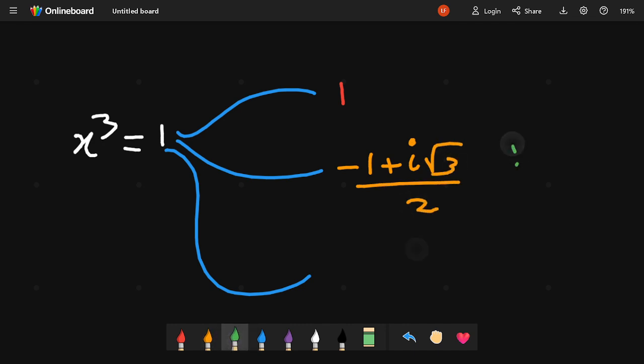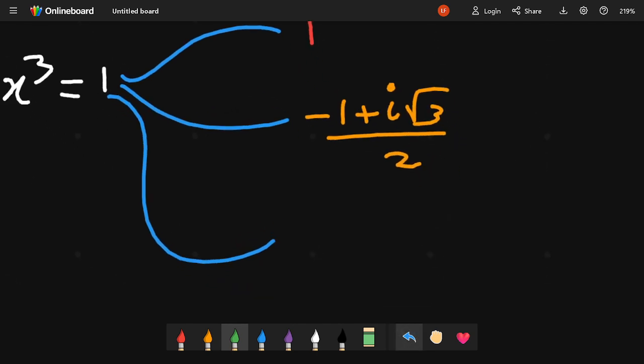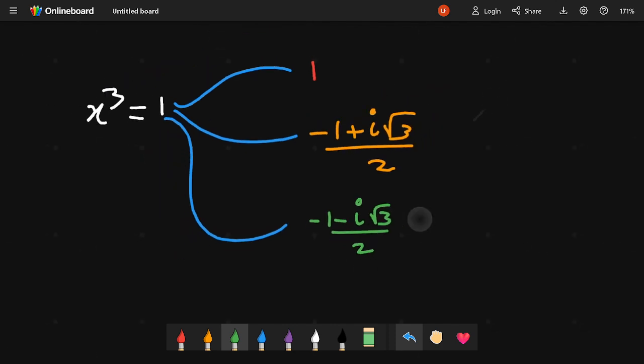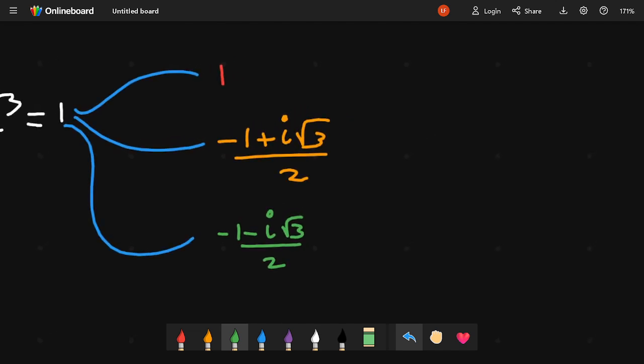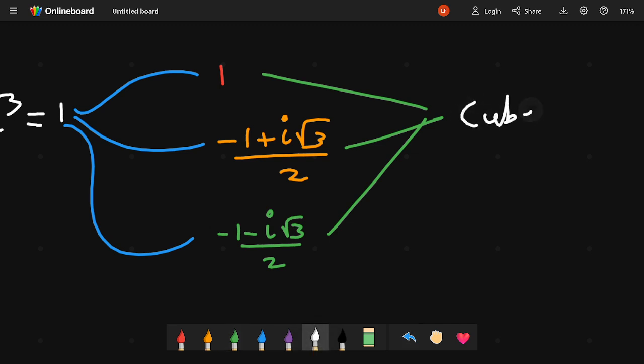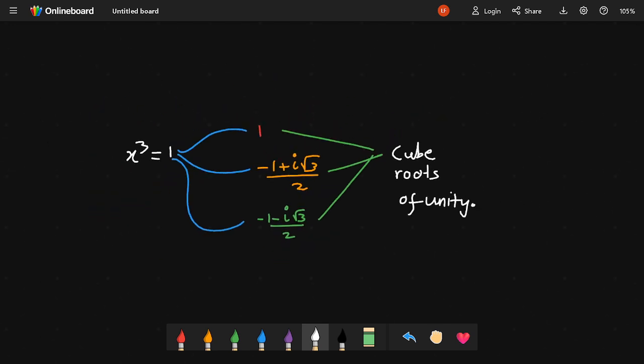And another one of them was minus 1 minus i times the square root of 3 over 2. And these are the cube roots of unity. Why are they called the cube roots of unity? Because they are cube roots of 1. So they are known as the cube roots of unity.